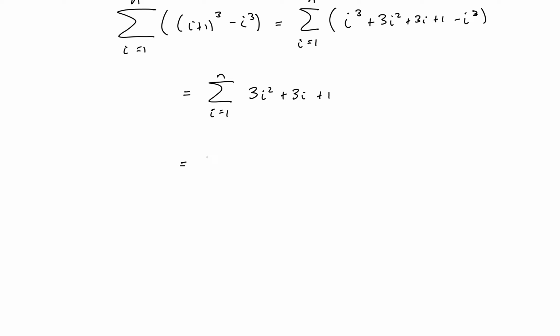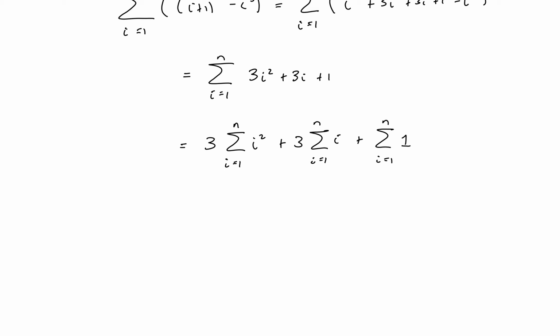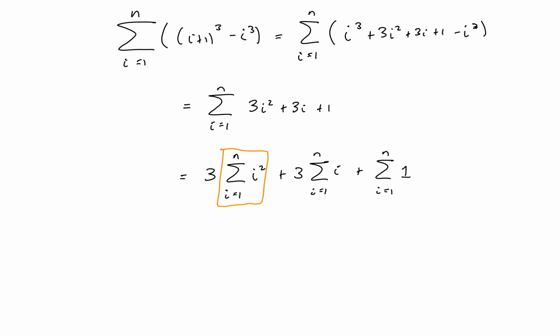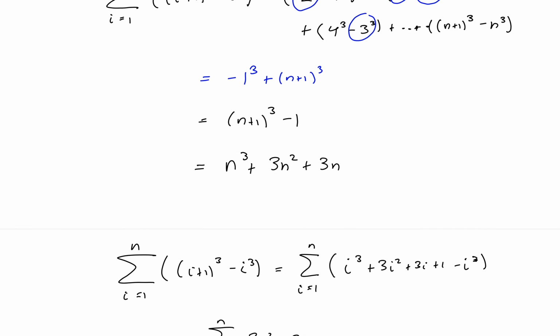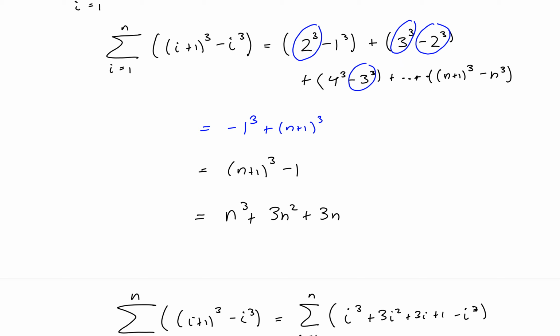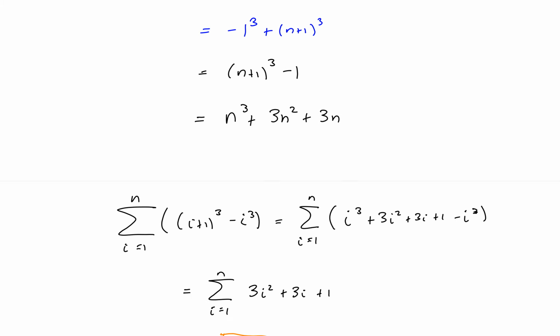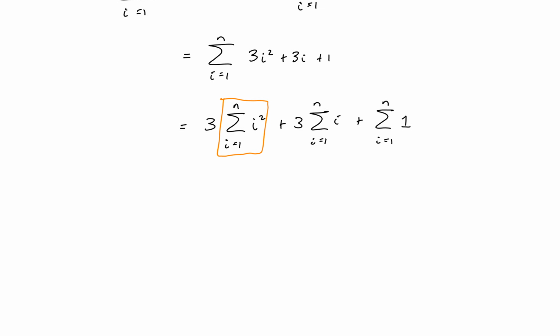And now I can break this up and pull terms out. And the important thing to note here is look at what we found. We found this term we're interested in. And we know these other terms here. And so what we can see is if we combine this calculation we did up here, so this gave me this sum as n cubed plus 3n squared plus 3n, and this gave me it as this.